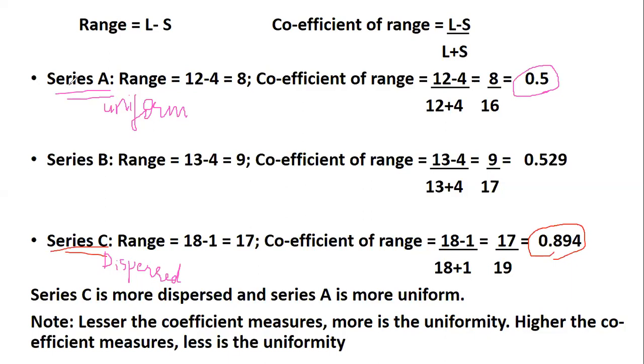So 0.894 was higher value. So that is why it is less uniform and it is more dispersed. So that is why you will have these problems where you are supposed to give the conclusion properly throughout.